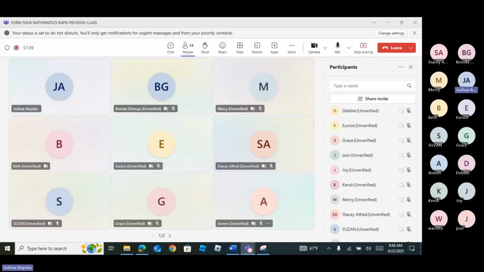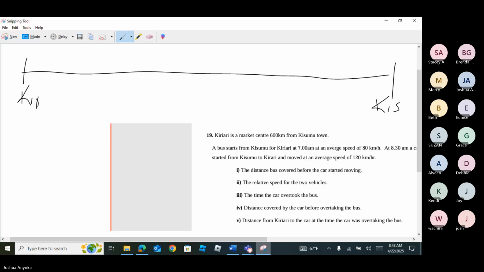Who is ready to give us a few so that we know what we are working? Beth, I can see your hand is up. According to Beth, Roman 1, what's your answer? 120 kilometers.